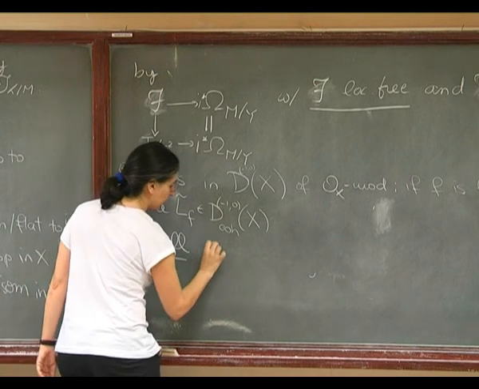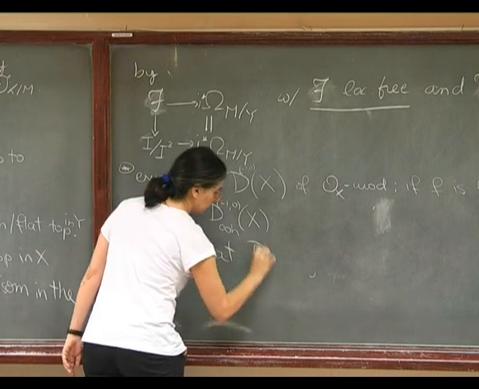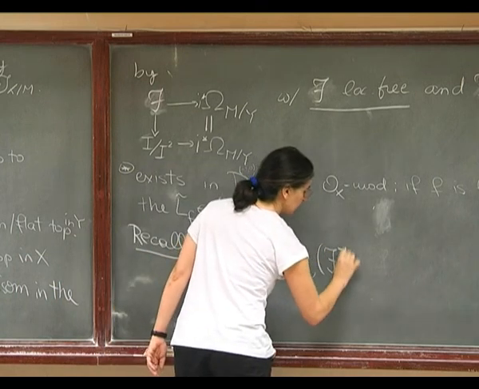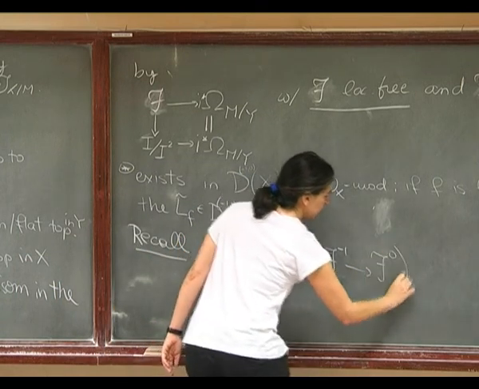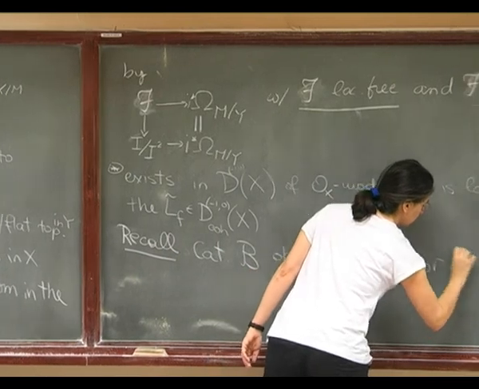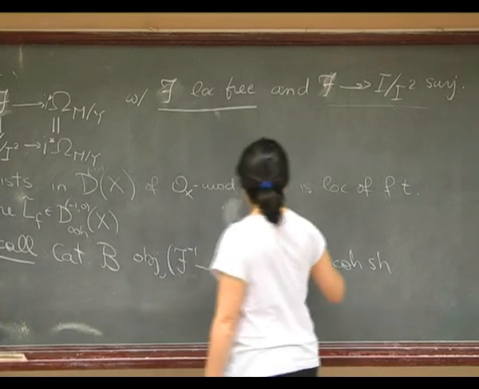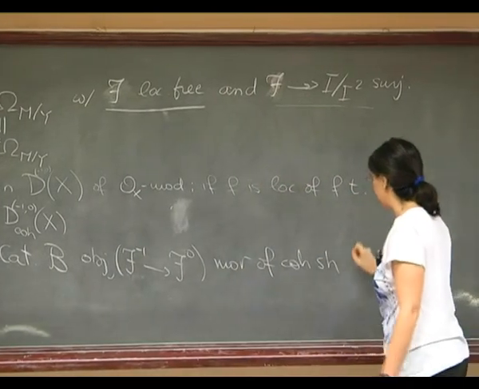We had a category B where the objects were morphisms of coherent sheaves, and the morphisms were commutative diagrams.